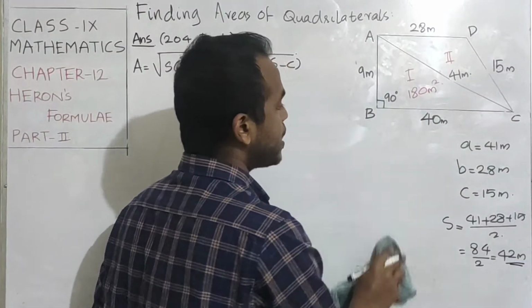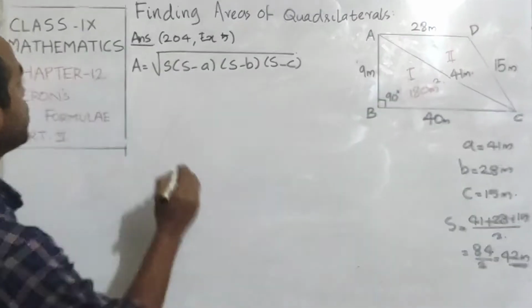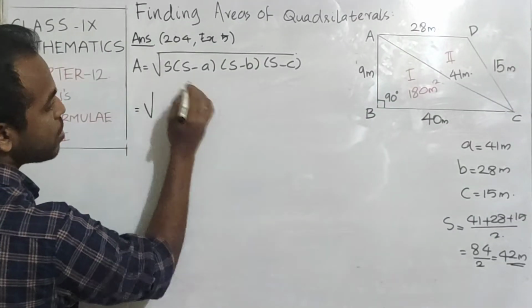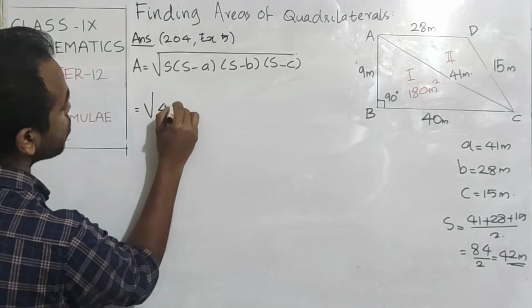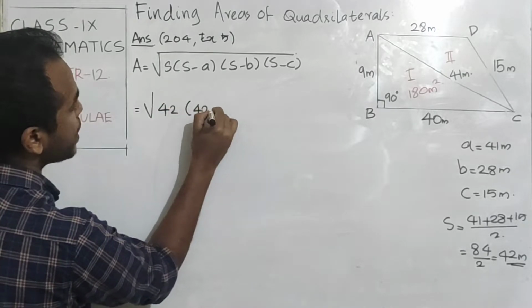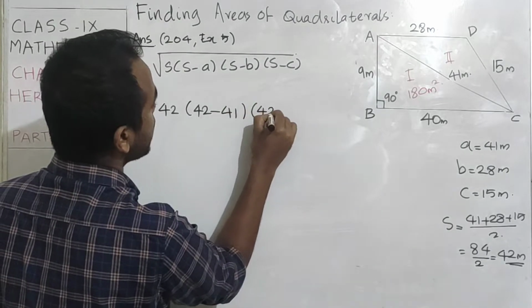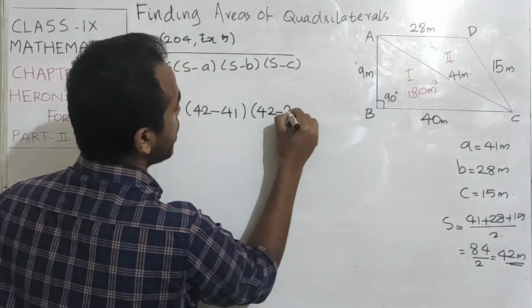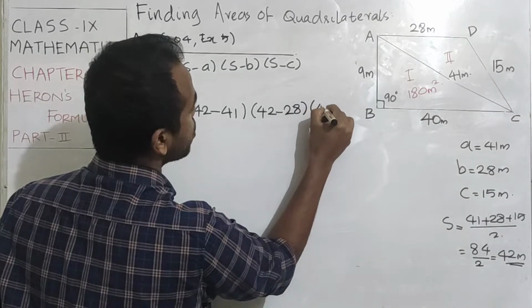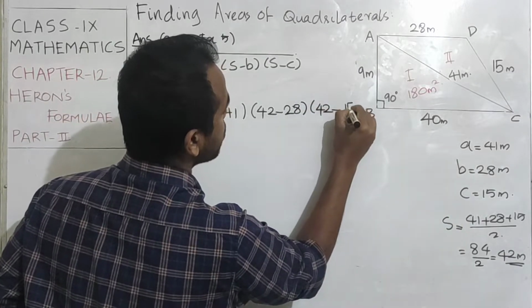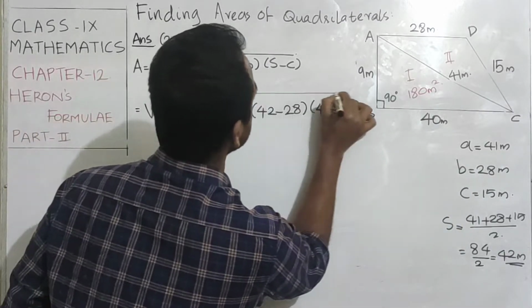Now let's apply it in our equation. It's very simple. Just see, root of S is 42, so 42 into 42 minus the first side 41, into 42 minus the second side 28, into 42 minus the third side 15. So we just need to simplify this.